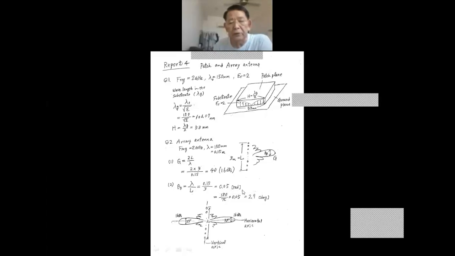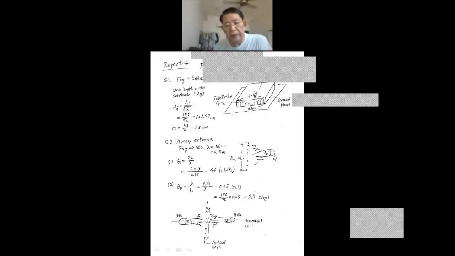This unit is radian. So convert to degree, multiply by 180 divided by pi. Then this is changed to 2.9 degree, very sharp. So the radiation pattern becomes like this. If the array is set in the vertical plane, then the radiation directs to the horizontal.